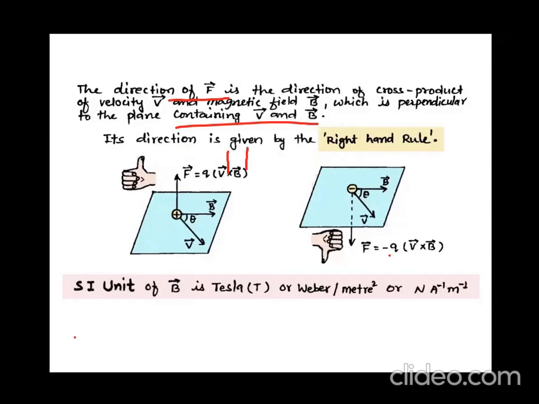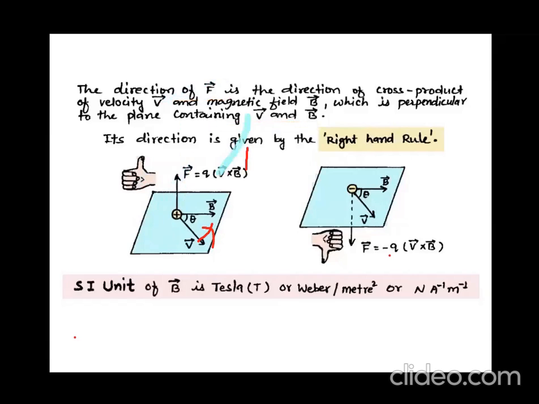So you place your right hand fingers in the direction of V and then curl them in the direction of B, and then the thumb will point in the direction of the magnetic force.